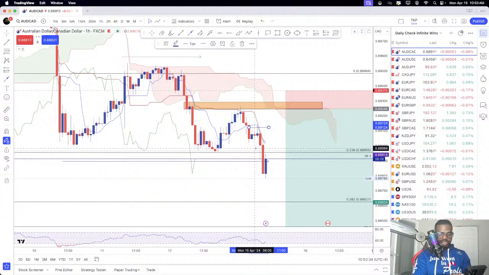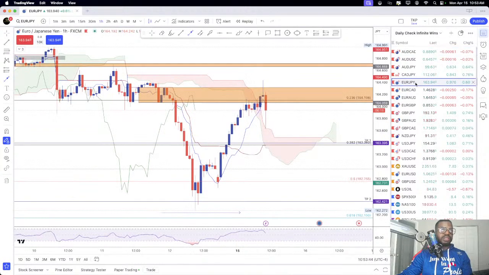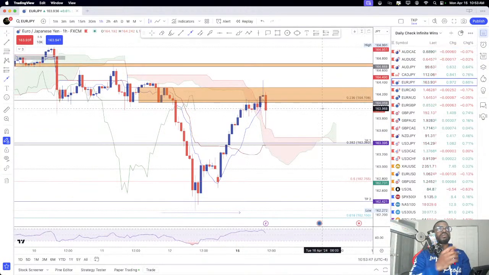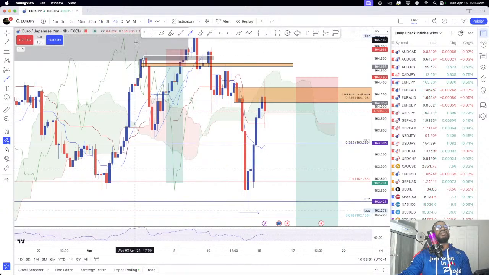So the next thing that we are going to take a look at is Euro JPY. All right, cool. So we entered a sell limit on Euro JPY.